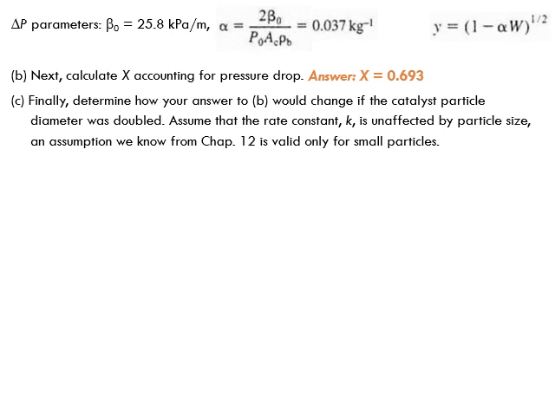Okay, so let's assume that k does not change as we increase dP. This is only an assumption, which is true for small size particles, right? Okay, so let's double the particle size. What do you think would happen?